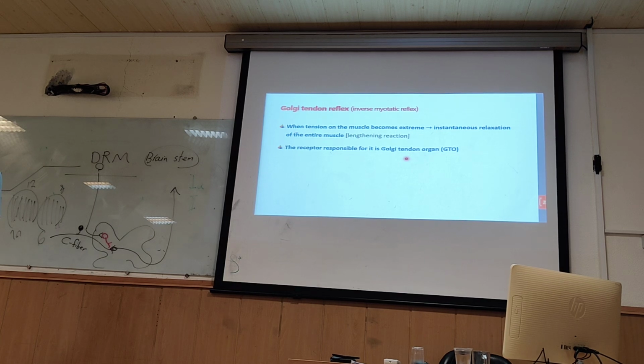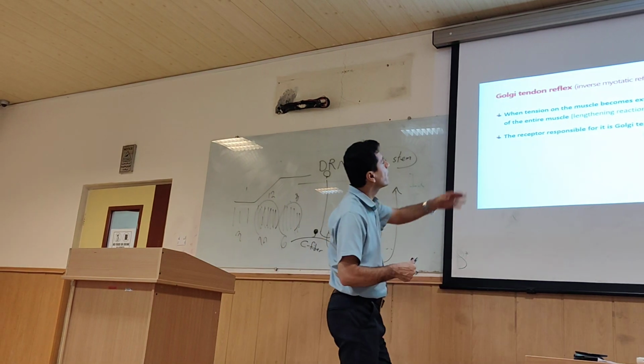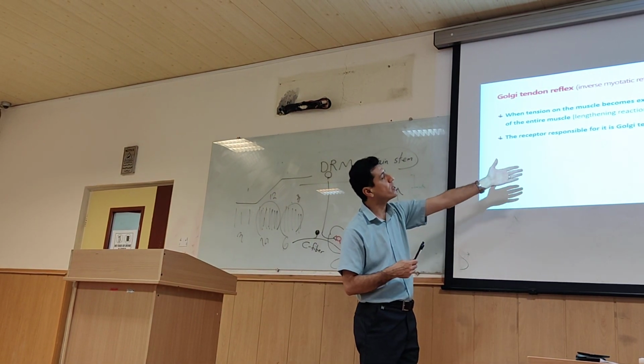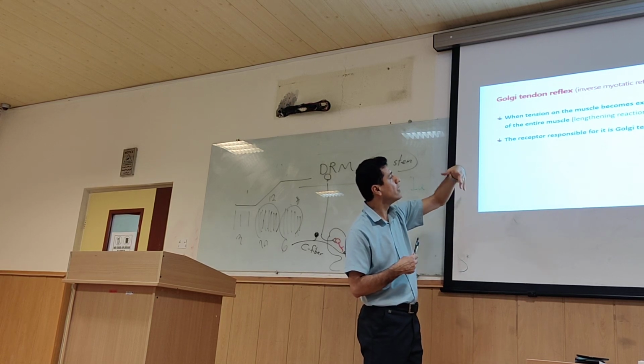It protects the muscle from rupture, from breaking the bone, from dislocation of the joints, or rupture of the tendon. So when we have a strong contraction, the reaction is relaxation. When tension on the muscle becomes extreme, there is an instantaneous relaxation of the entire muscle.